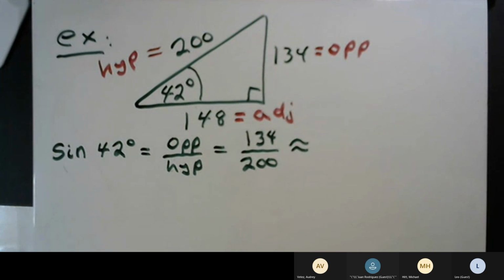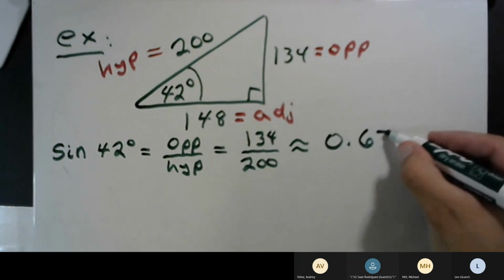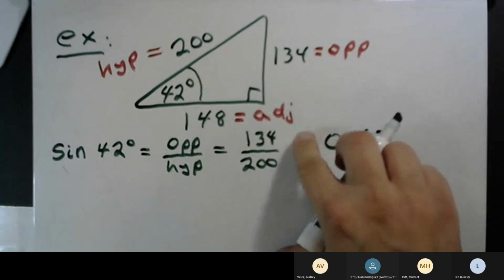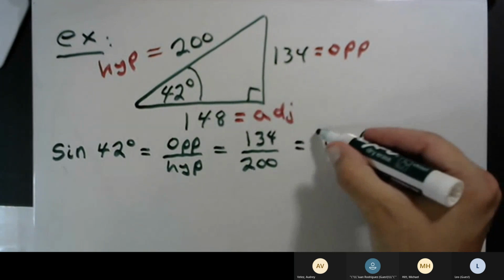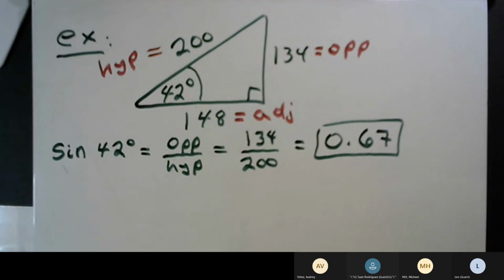And that comes out, I'll bring in my calculator, about 0.67. Well, it actually comes out exactly to 0.67. So that's how we find the sine of that angle.